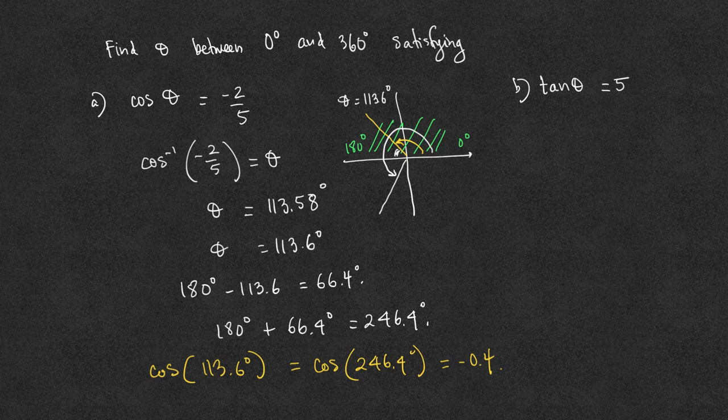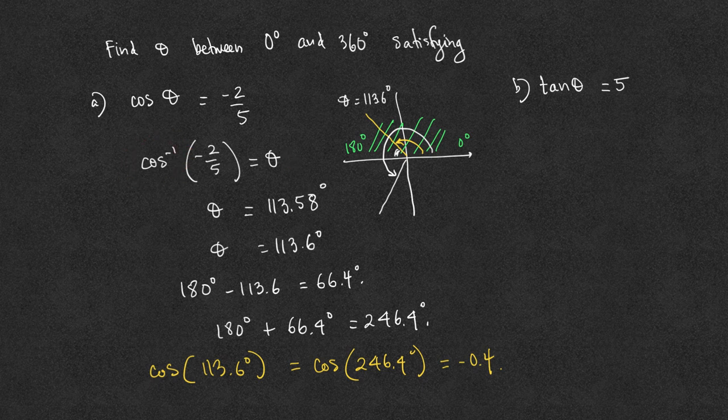And again, this second angle, 246.4 degrees, is not in the restricted domain, but we use it because in the given equation, there was no mention of cosine inverse at all. We only use the cosine inverse as a tool to solve the problem.